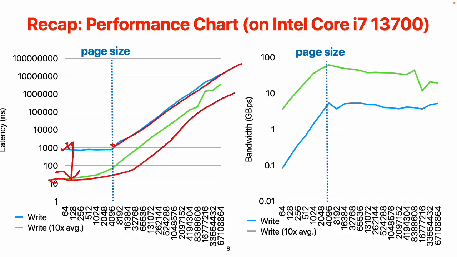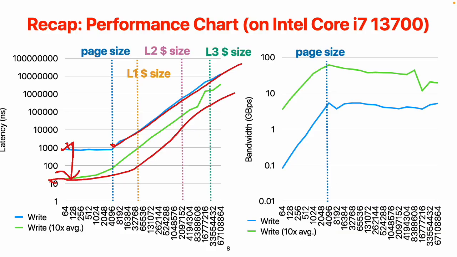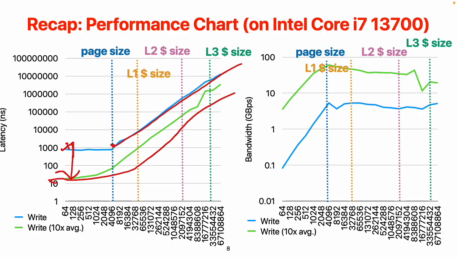So those are the interesting things that you can learn. There are some other points. A lot of people, when you talk about the result, will say, well, what about the L1 cache? What about the L2 cache? What about the L3 cache? But the thing here is that the majority of the driving factor is probably the row buffer and the page fault.